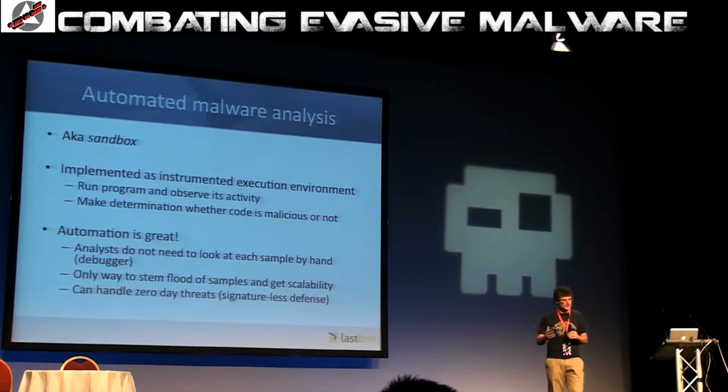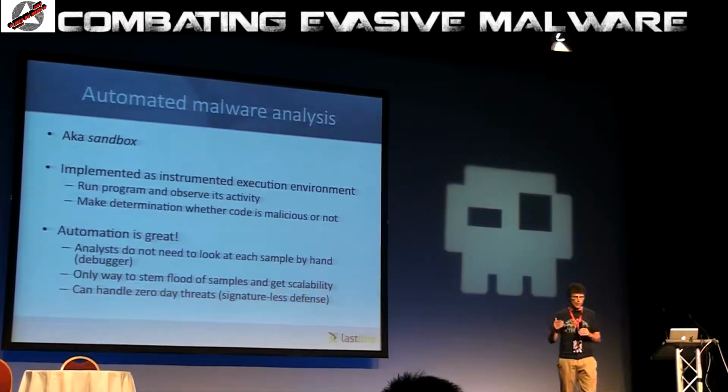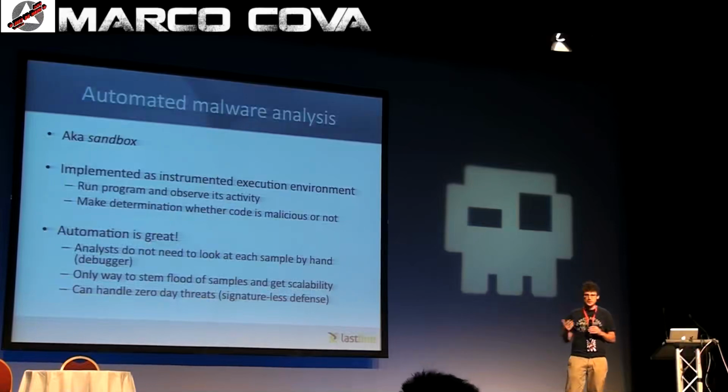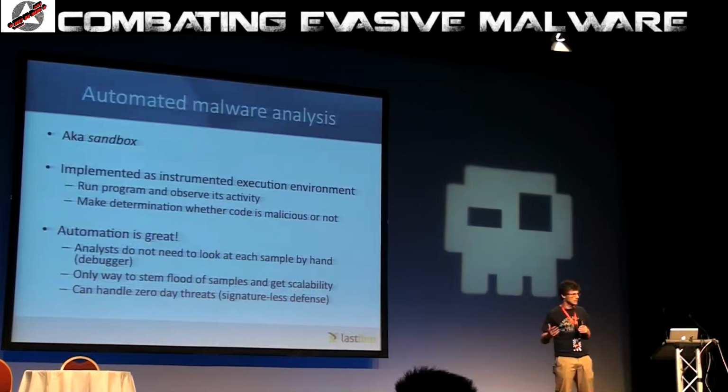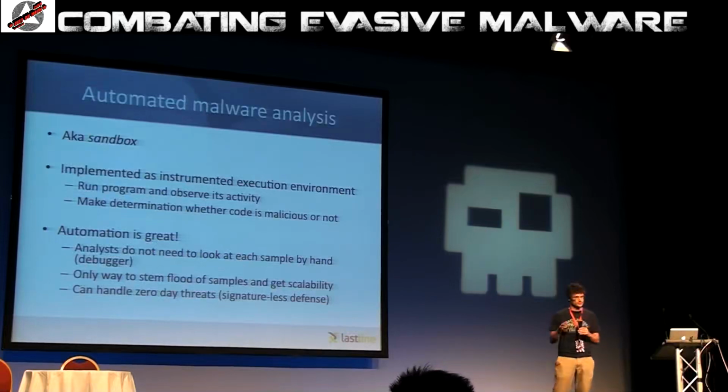Okay, so very simple idea. You just run the sample, and you see what it does. Very good. Why? Because using this method, you don't care about things like obfuscation, about polymorphism, things that make life very hard for antiviruses, for example, or for things that are based exclusively on signatures.